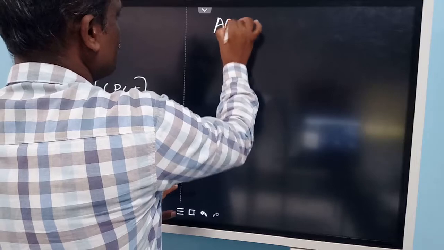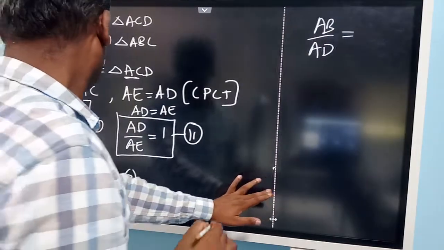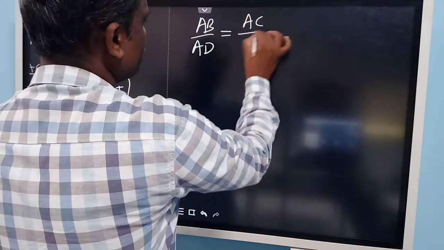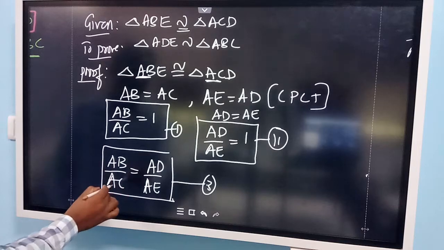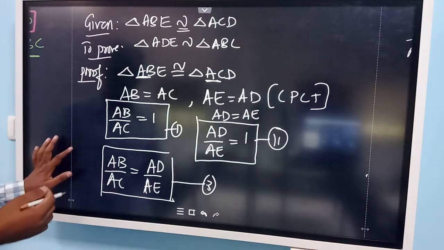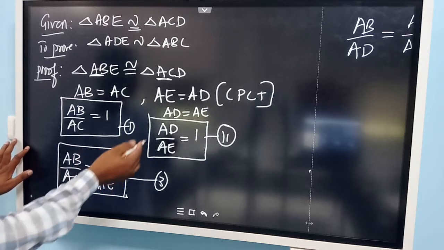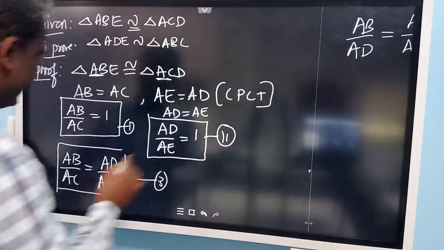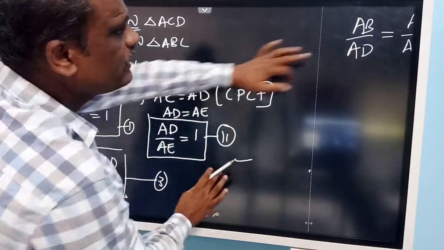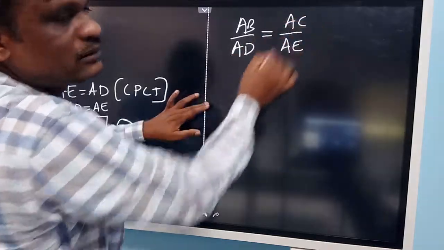AB by AD is equal to AC by AE. What arrangement I have done: AB by AC is equal to AD by AE we got. I transferred AC to the right hand side, the numerator, and AD which is in the numerator to the denominator. So AD reaching here, denominator, then the AC which was here going to that side.